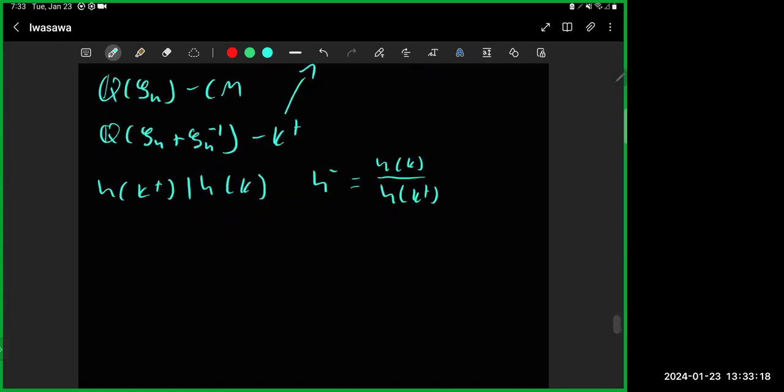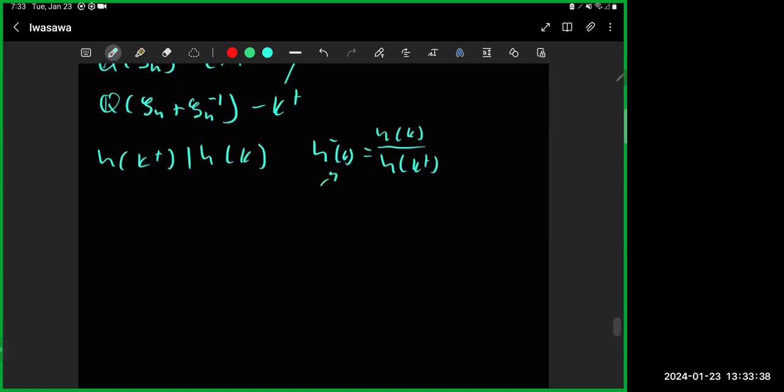So this is called the relative class number, and the big idea is that L functions can be used to give a very nice formula for this H minus. I'm going to give it now without the proof, since the proof would be long and it would require introducing a million more concepts that we don't have time for right now.